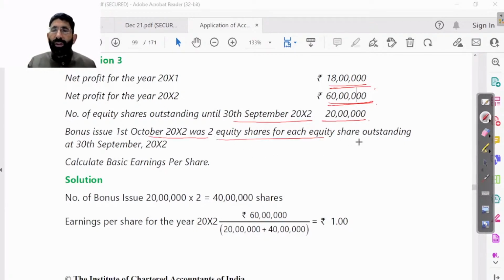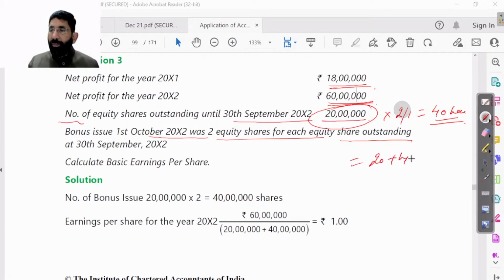That is 2 shares for each equity share outstanding. So it means we have to issue 2 for 1. So how many bonus shares will be issued? 40 lakh. So the total shares will become 20 plus 40 is equal to 60 lakh for the current year.